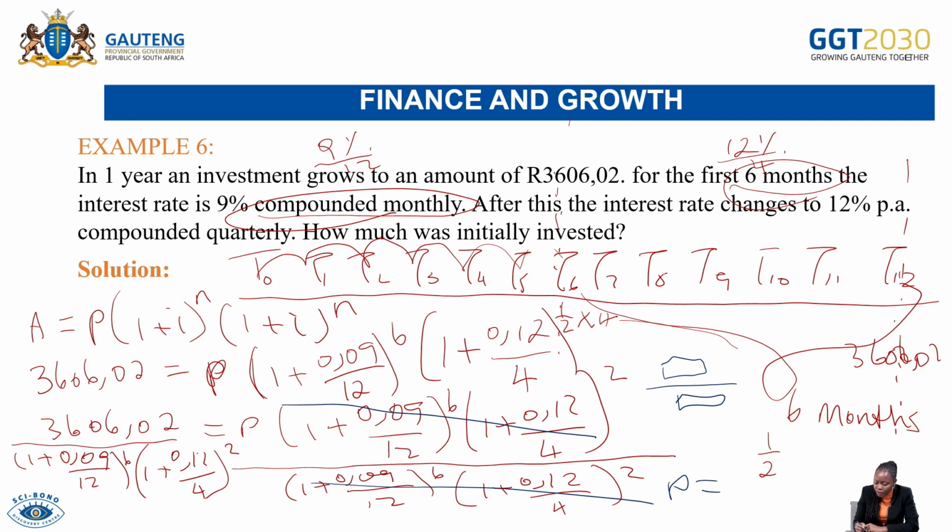Then your answer will be given as 3,249.99 cents. So I am getting 3,249.99 cents. I hope you also got the same answer.